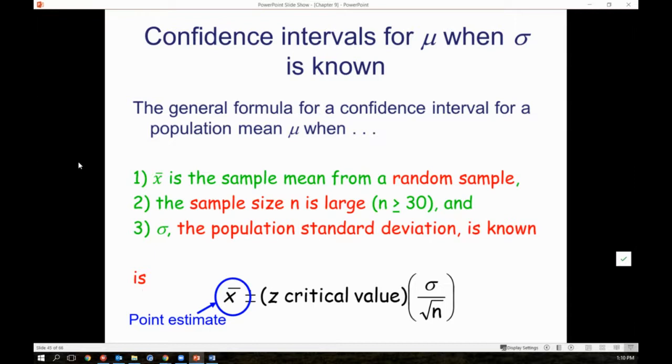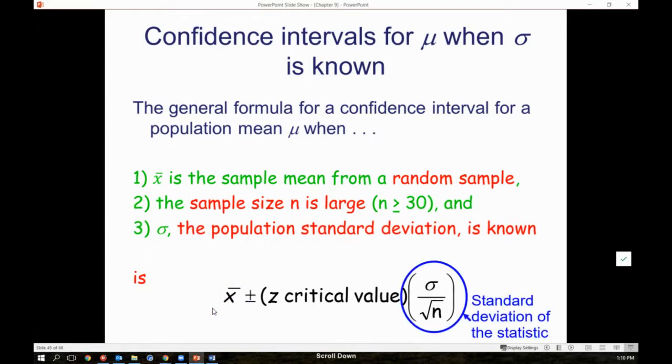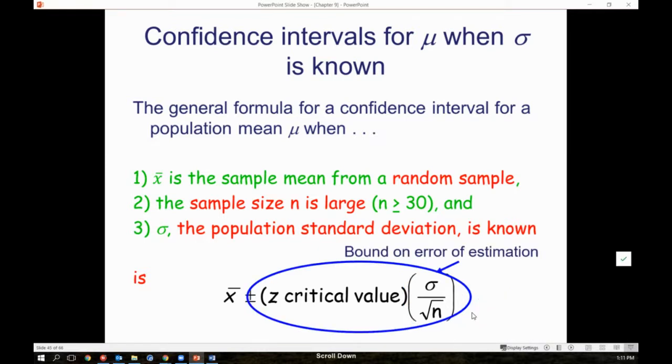So I'm kind of walking you through. X bar is our point estimate. Sigma over the square root of n is the standard deviation of the statistic. The bound on our error is that whole right side after the plus or minus.